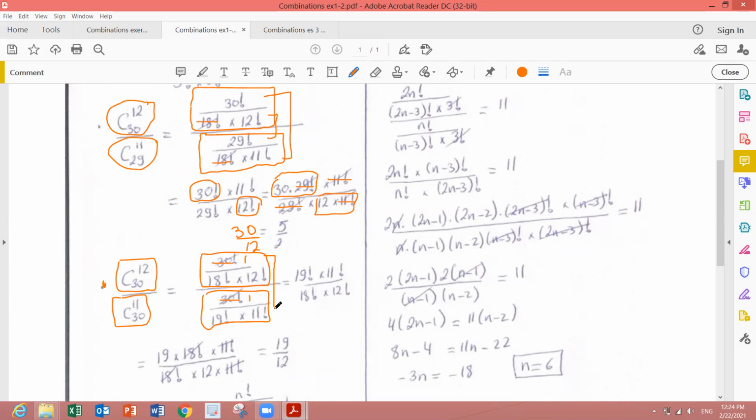Outers, we get 19 factorial times 11 factorial over inners, 18 factorial times 12 factorial.